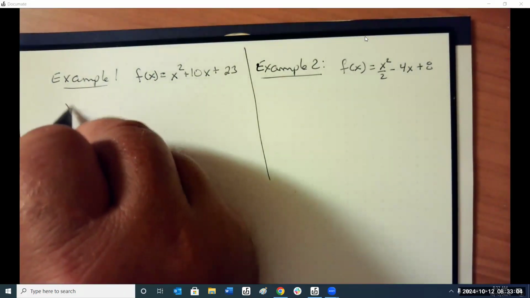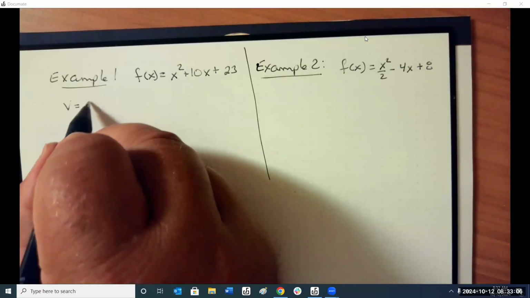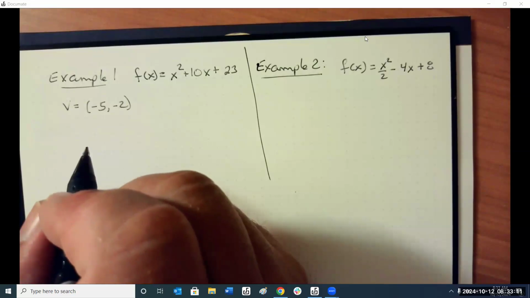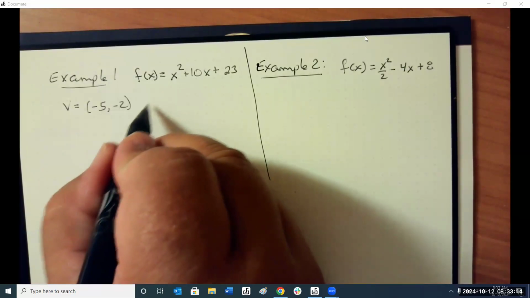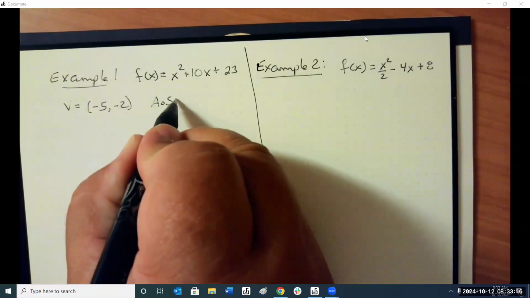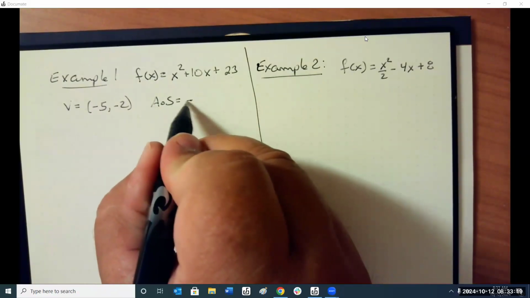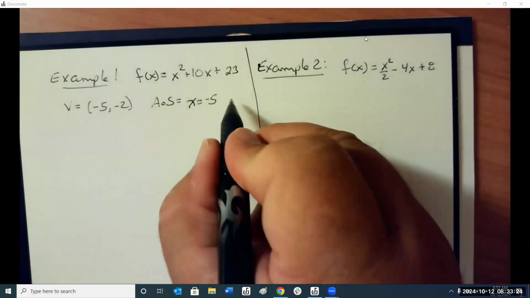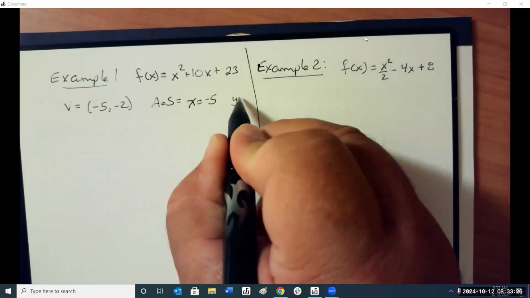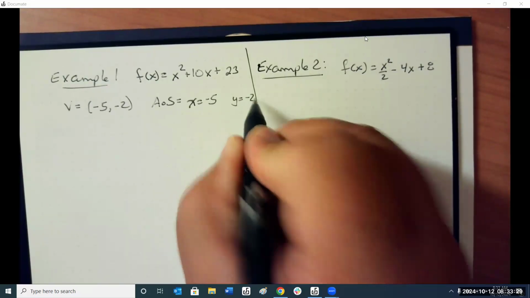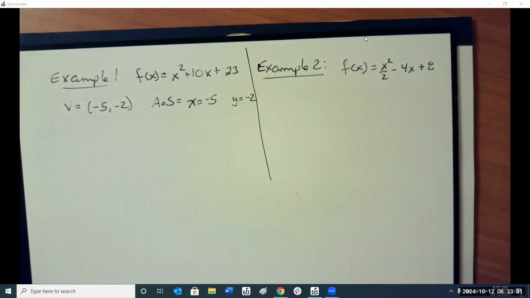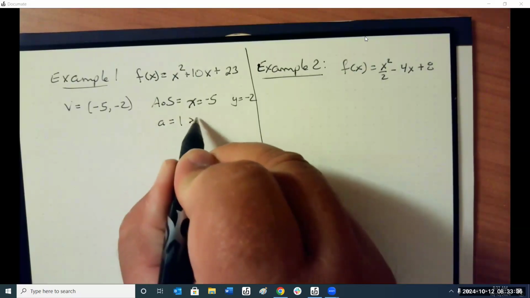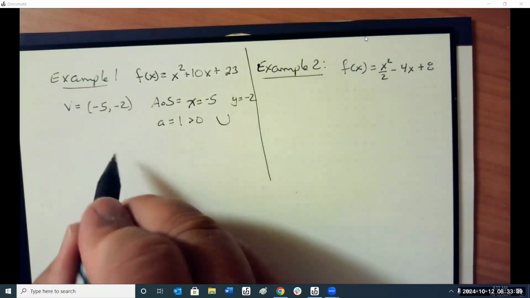In this first one, we found the vertex at (-5, -2). The axis of symmetry was at x equals -5. And we had a min at the y value of -2. And we knew that a is equal to 1, which is greater than 0, so it opens up.